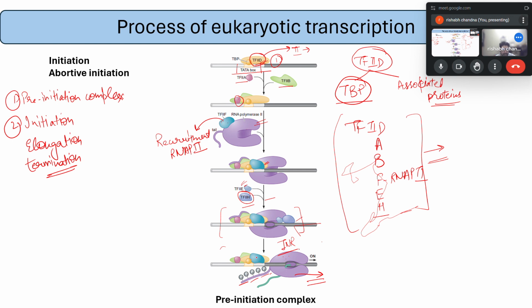Now, as the binding of transcription factors to the promoter is very strong in nature, it is a really difficult task for RNA polymerase to leave these transcription factors and move forward for elongation. So what happens? There is a process called abortive initiation.